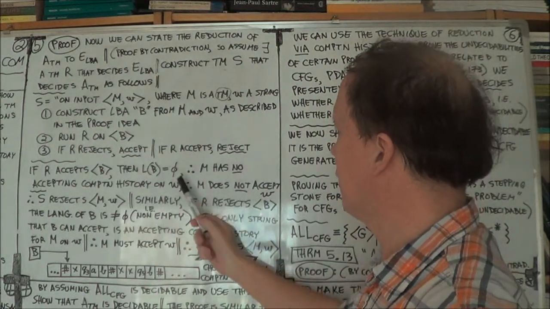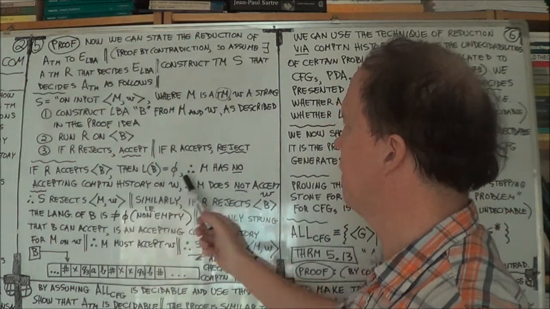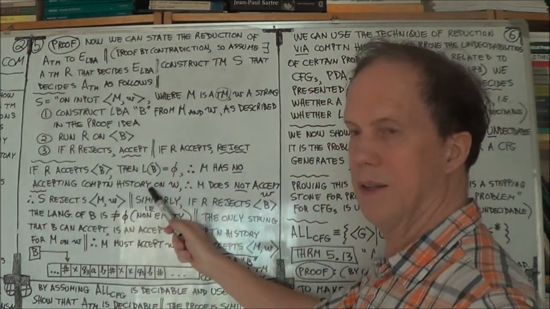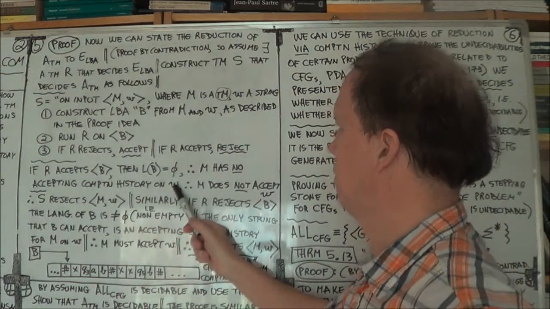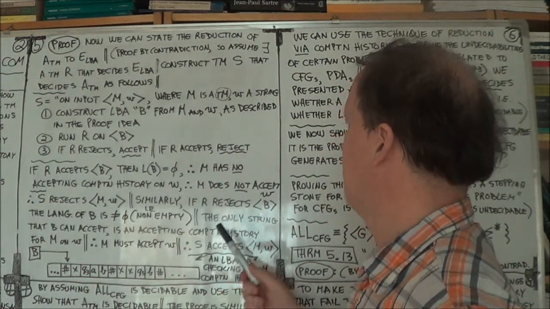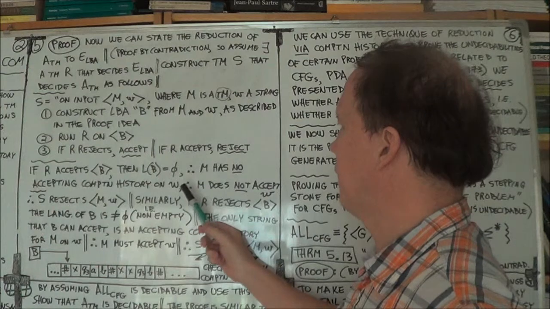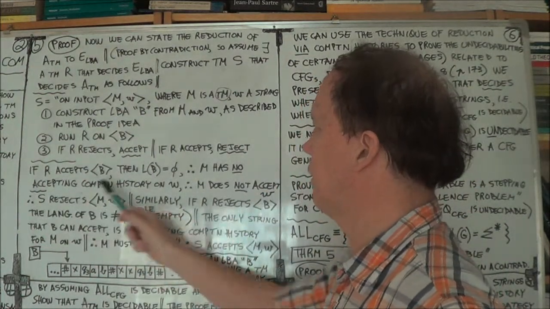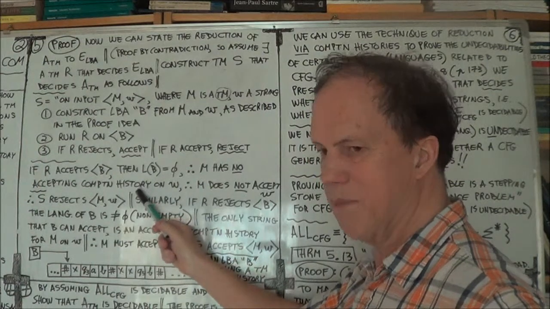If that's the case, now given the way we set up B, that means that M has no accepting computation history when the W goes in. Now if you have no accepting computation history, what does that mean in turn?